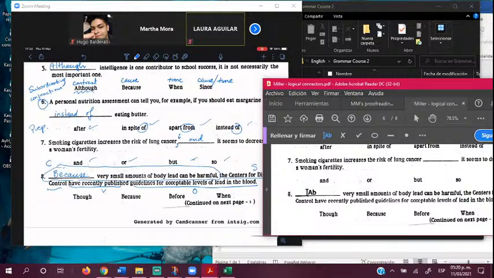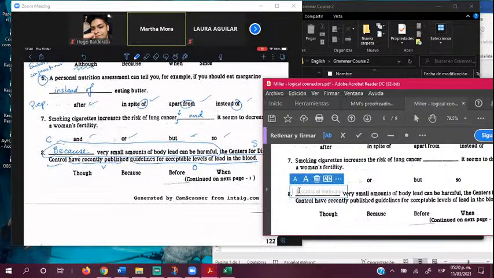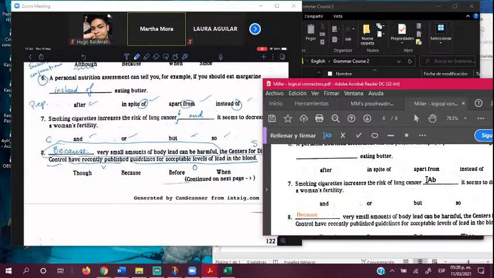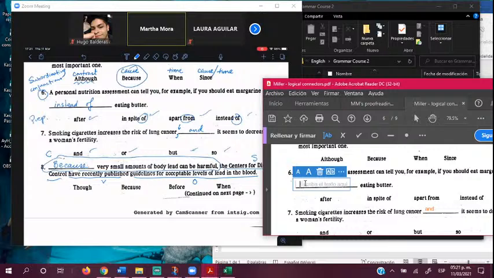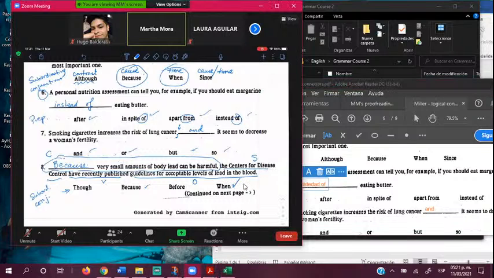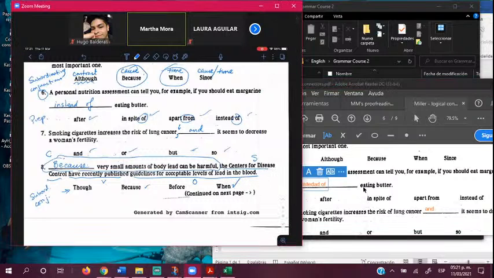Okay. Then in number 8, we have though, because, before, and when. We already have some of these in the chart, because we have already seen because, and we have seen when. So we know that all of these are subordinating conjunctions. So let's classify though and before.